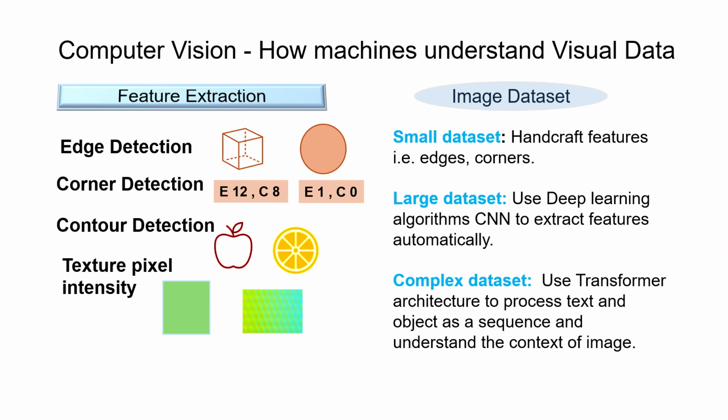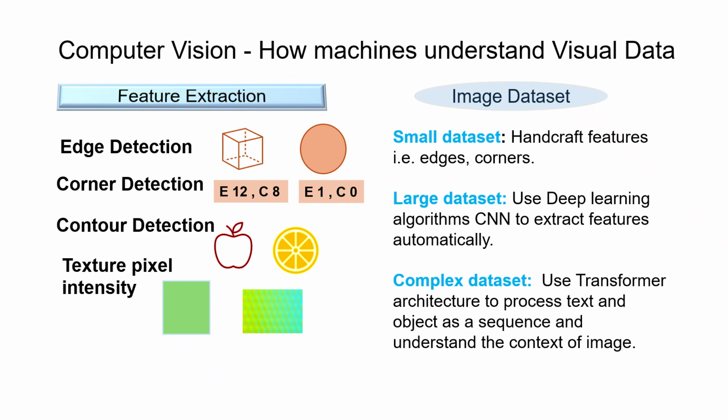CNN extracts image features, edges, textures. Then CNN has a pooling layer which retains important information of the image, and then CNN has connected layers for output, that is image classification. For more technical details on how CNN works, please watch my video on deep learning and neural networks. I have provided the link for that video in this video description.